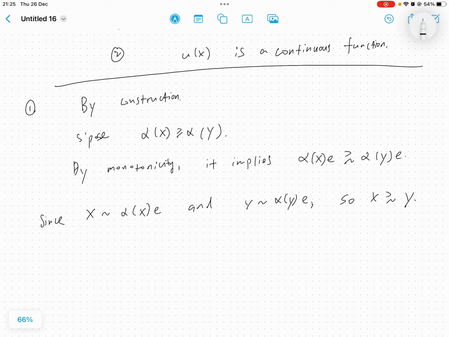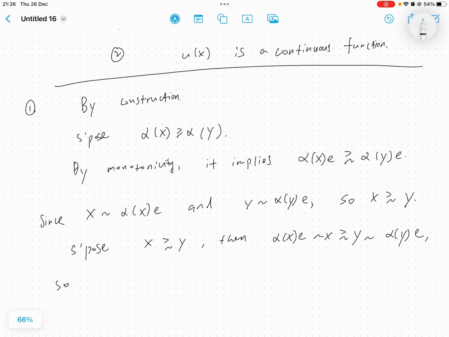The other direction will be very symmetric to this. We just write the other direction as the condition. Suppose x is weakly preferred to y. Then alpha x e is indifferent to x, which is weakly preferred to y, which is indifferent to alpha y e.